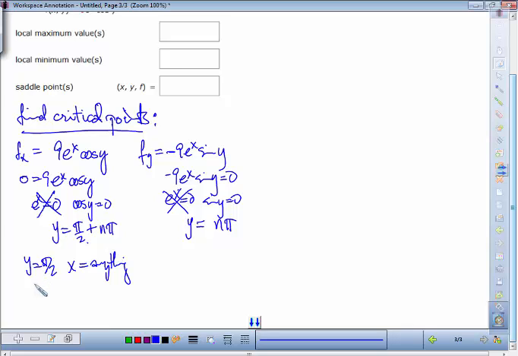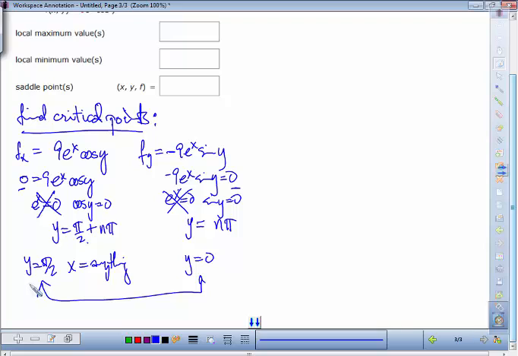But when y is equal to pi over 2, y is equal to 0 for this one, for example. These two things are not equal, and so it doesn't look like we're going to find critical points here. In other words, you can't have a point that would have y equal to pi over 2 and y equal to 0 at the same time. Because you want fx to be equal to 0 and fy to be equal to 0 at the same time.